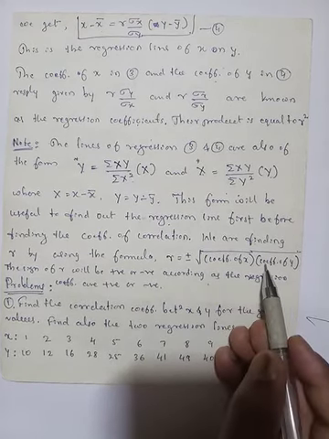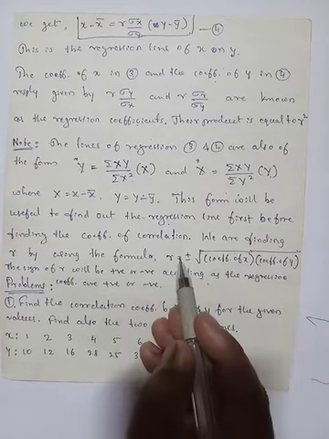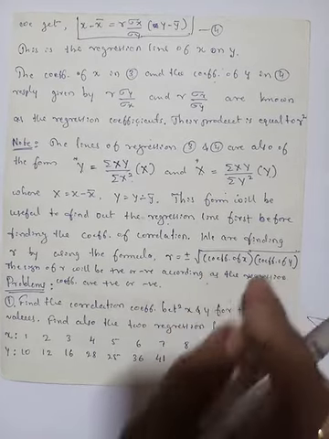If both are negative, then we take R equal to minus of this value.